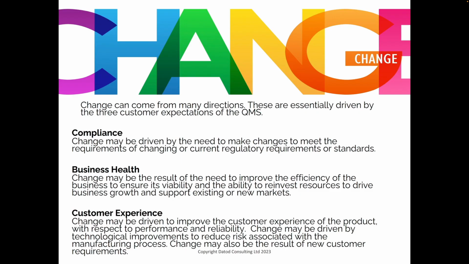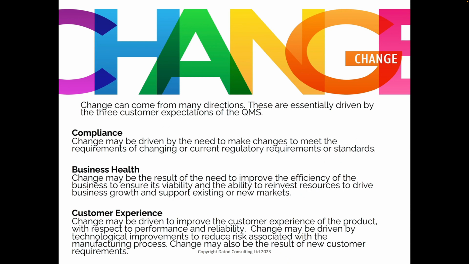So where would change come from? In terms of the quality organization, it's going to come from a number of directions, and primarily from the requirements to meet the expectations of your three customer groups. From compliance, changes may be driven by new regulations. IVDR and MDR recently are very good examples: lots of changes are happening because the regulations have changed or a new standard has come out.